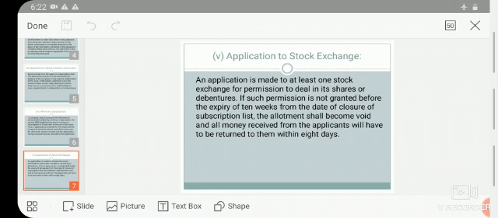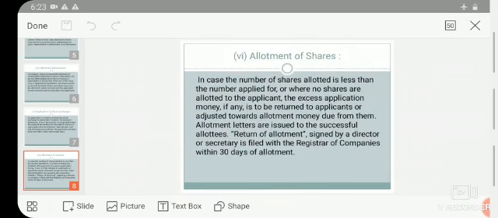So, application to the stock exchange for subscribing its shares and debentures through the stock market, and the public can apply for shares in this stock market and avail the required amount of shares. That is the fifth one, application to the stock exchange through which a company can sell its shares and debentures.